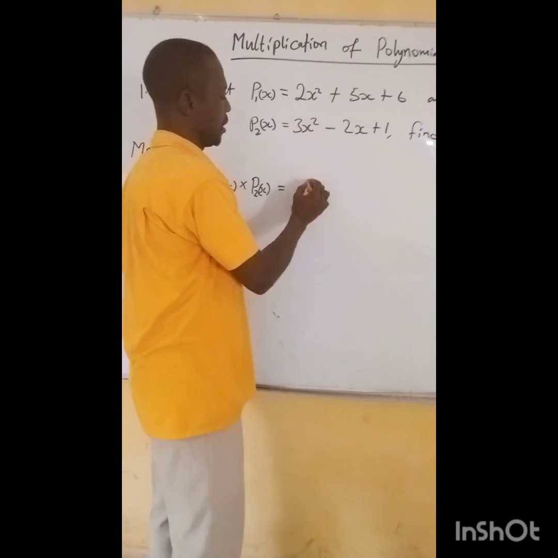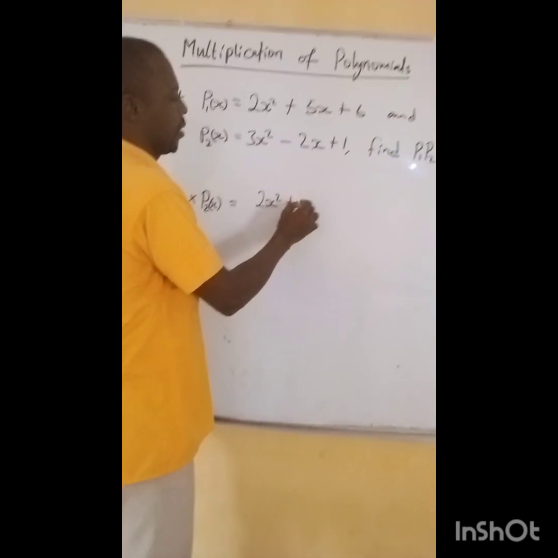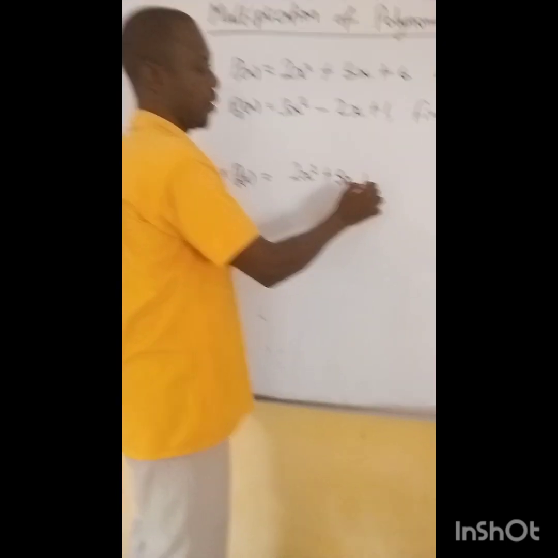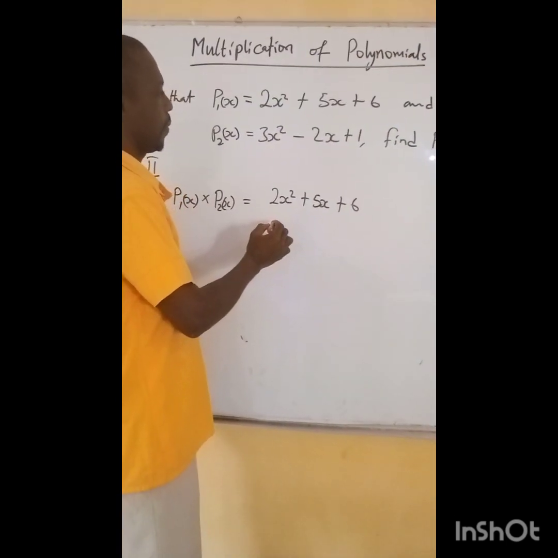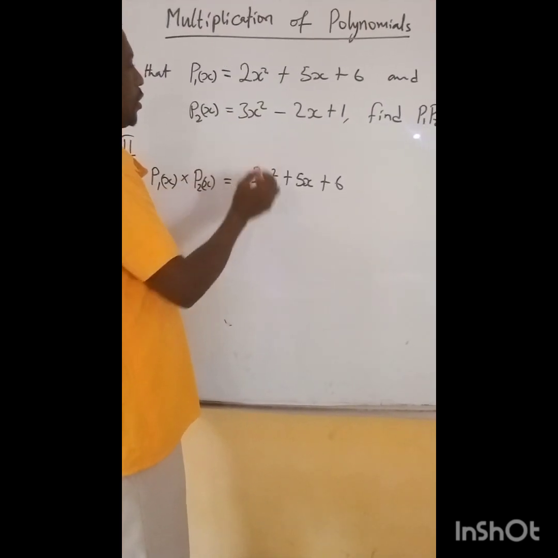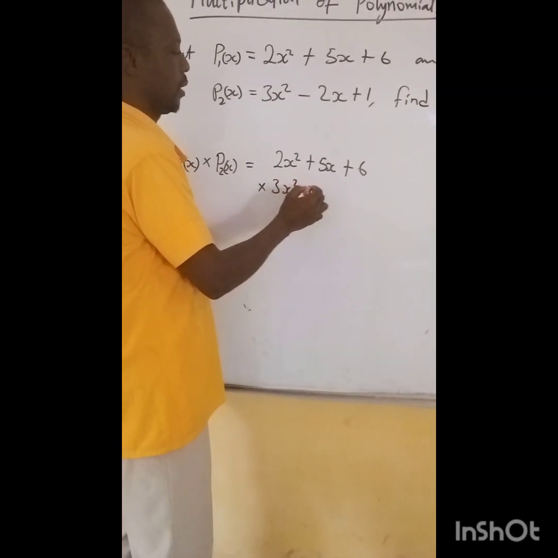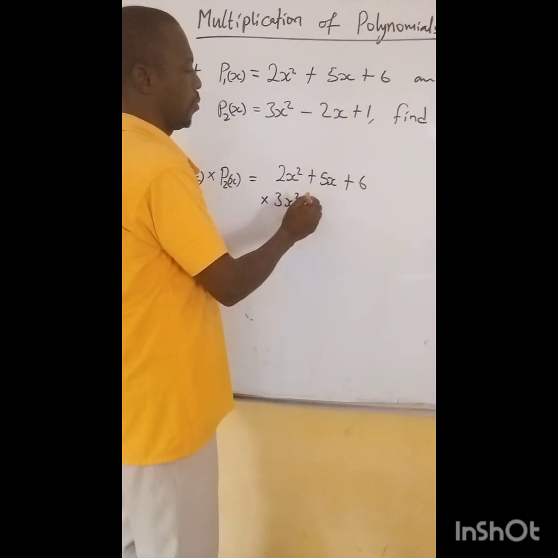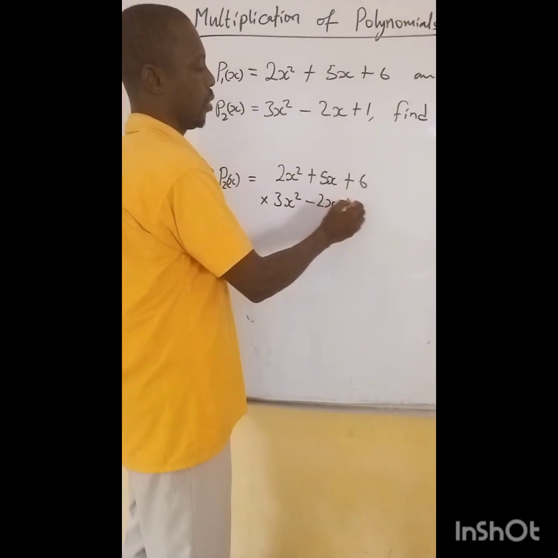P1 is 2x squared plus 5x plus 6, times P2, which is 3x squared minus 2x plus 1.